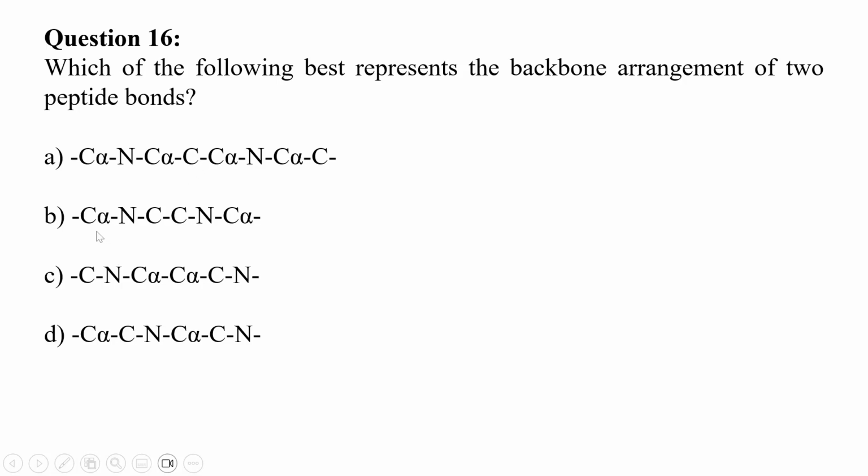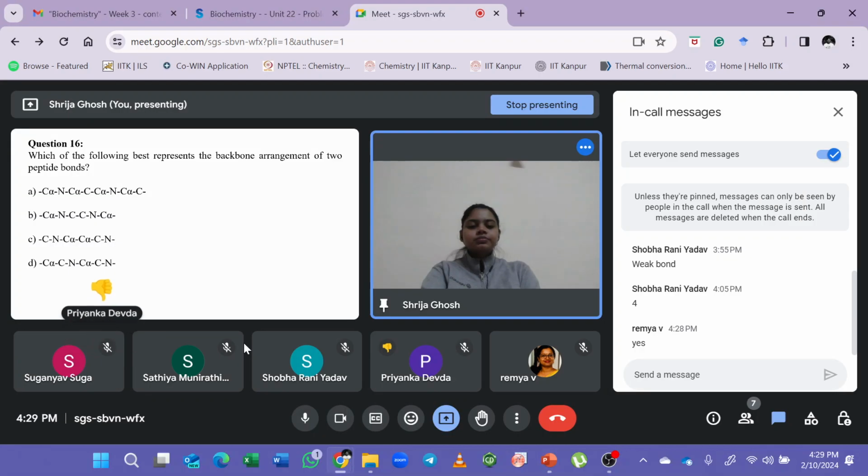In the second option we have a C alpha attached to the nitrogen, then to carbon, then again carbon, nitrogen and C alpha. In the third option we have a carbon attached to nitrogen, attached to a C alpha, which is again attached to a C alpha and carbon and nitrogen. And option D is C alpha attached to a carbon, attached to a nitrogen, then again C alpha, carbon, nitrogen.